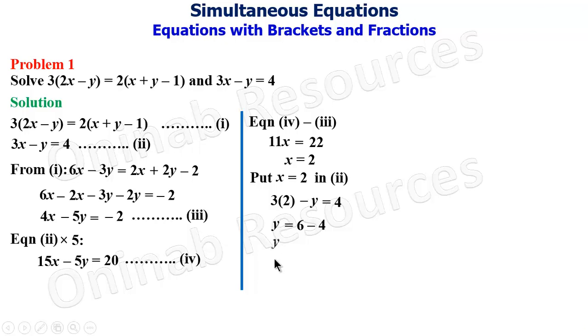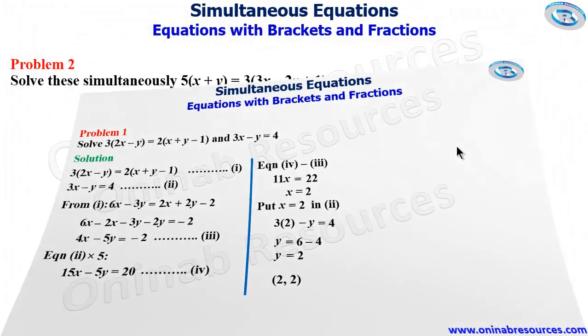So here we now have y = 2. And the solution in coordinate form will be (2, 2), where x is 2 and y is 2. That's the end of the solution to problem 1. So we are done with that problem.